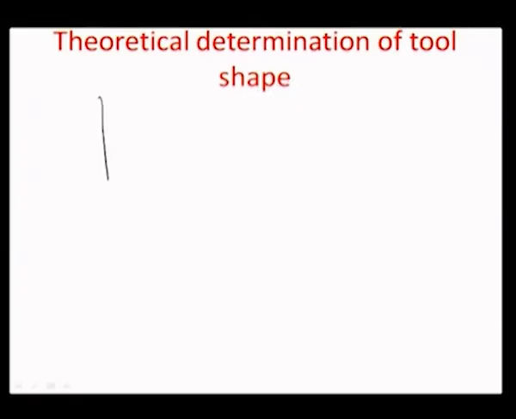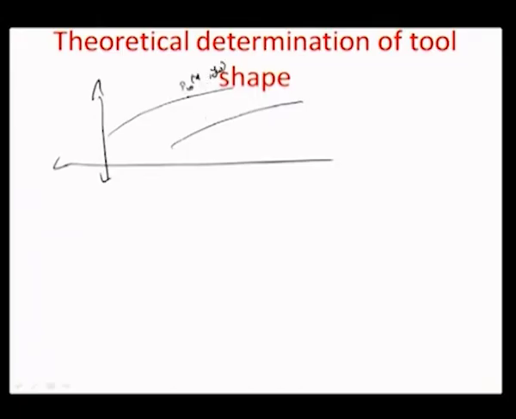So, looking at it in a more fundamental way, if this is the surface that we are trying to interrogate, which is actually the workpiece surface, and this is the point Pw that we are trying to map into the tool surface. At this particular point, the tangent is really in this direction, right. This is the tangent at this point, and we already know that the surface would move at an angle of theta with respect to the vertical direction.